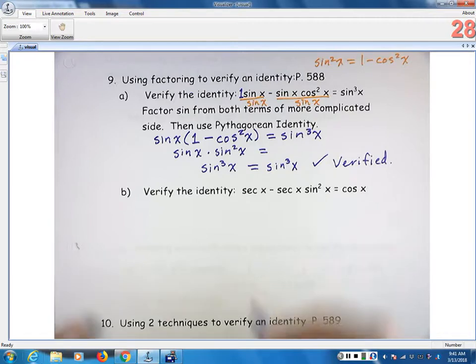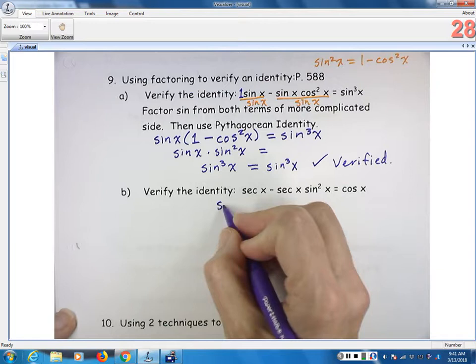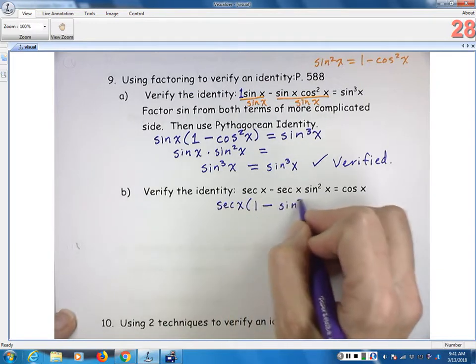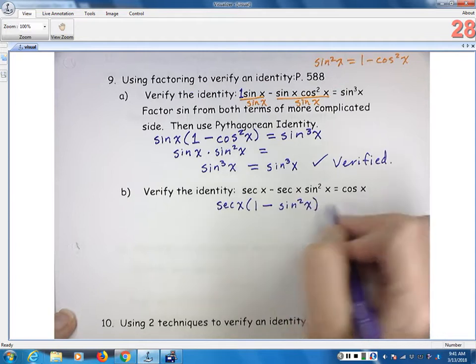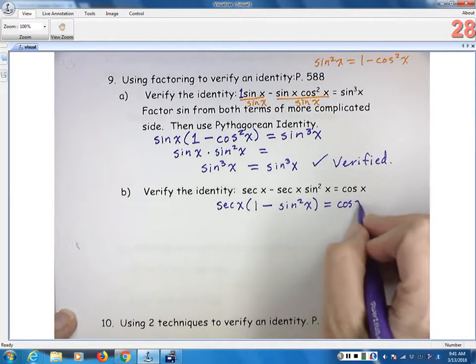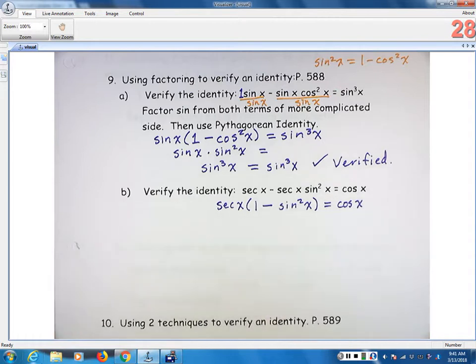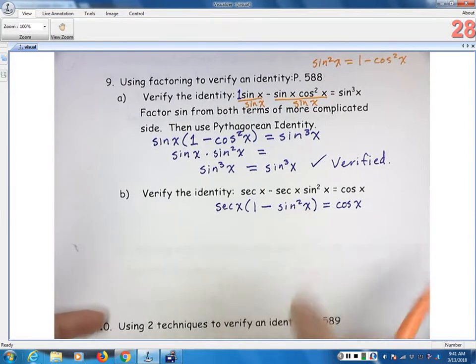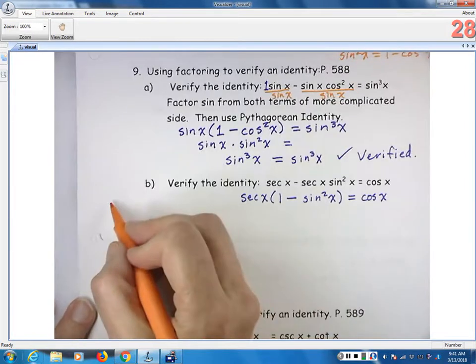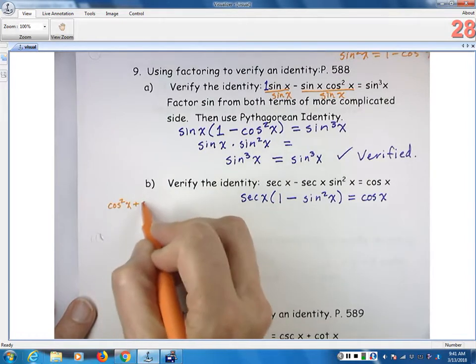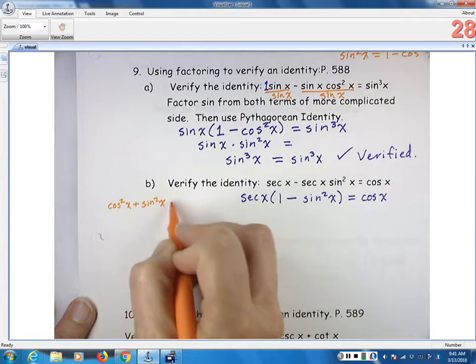Okay, so I factored the secant out first. 1 minus sine squared x equals cosine x. Oh, I didn't need to write that each time. Just write the left side. Well, 1 minus sine squared equals cosine squared. You can do that. Cosine squared x plus sine squared x equals 1.